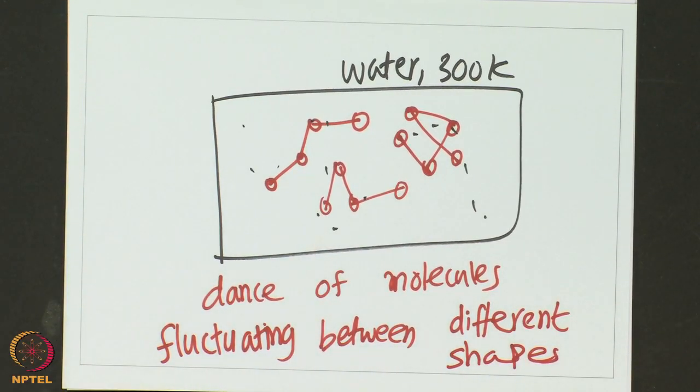Many proteins would fluctuate between different shapes like this. If you think of this as monomers of a protein, and imagine them in water, they could take various shapes. This is one shape, this is another shape. They could fluctuate between different shapes as we observe.